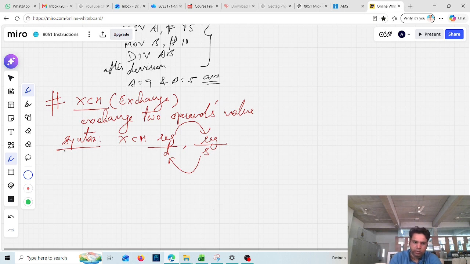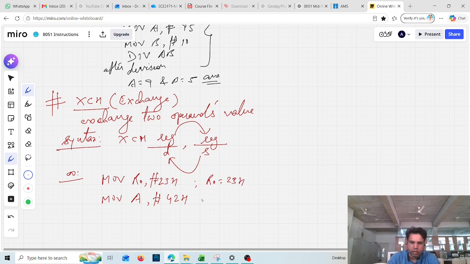Suppose I have written here MOV R0, #3H, and the next instruction is MOV A, #42H. So after the first instructions, the R0 value will be 3H and the A value will be 42H.